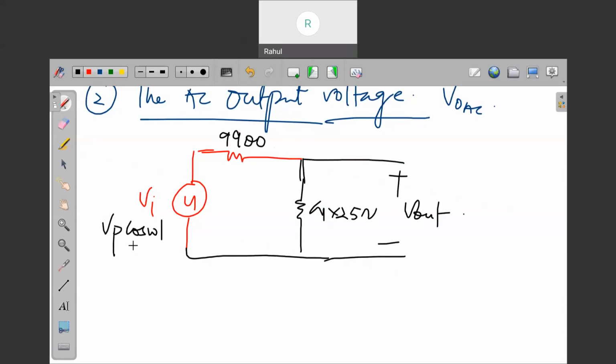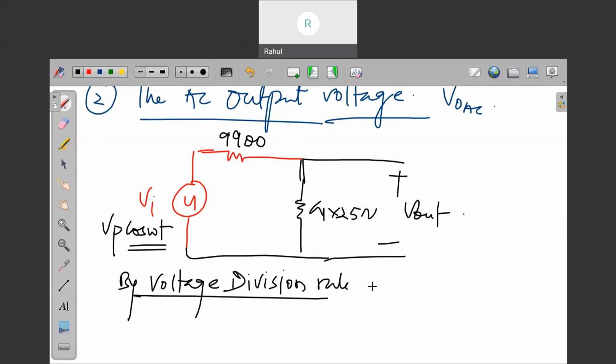What you can do here is first apply the voltage division rule. By voltage division rule, V out will be 100 times Vi upon 1000, so two zeros will be cancelled.